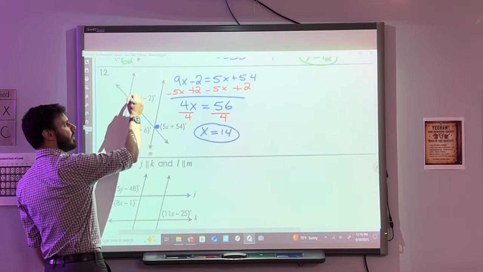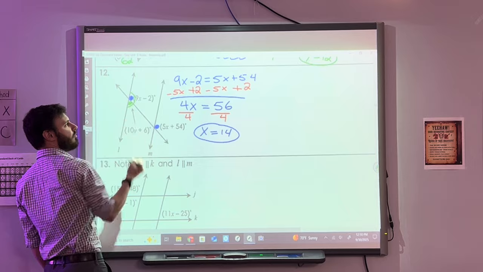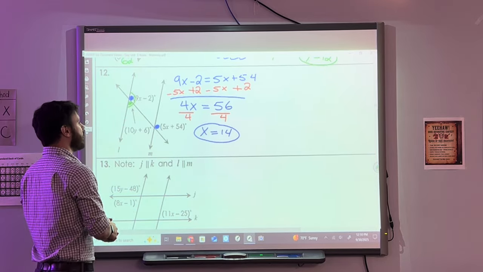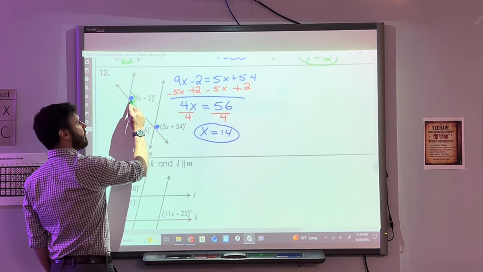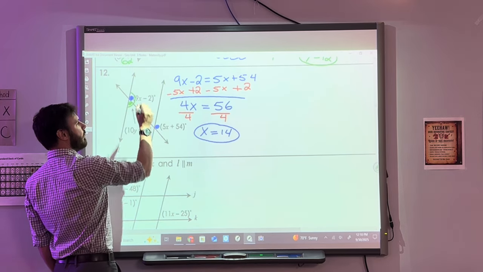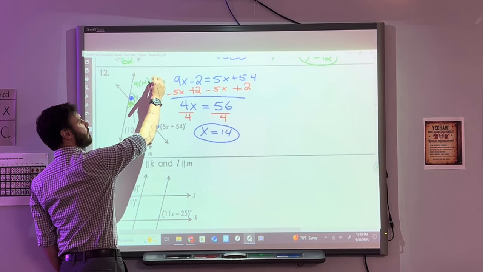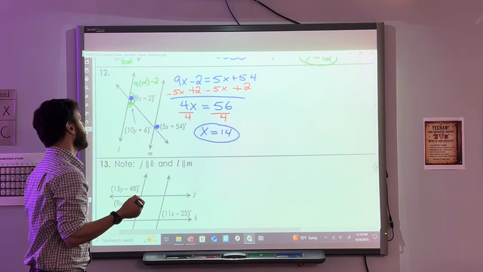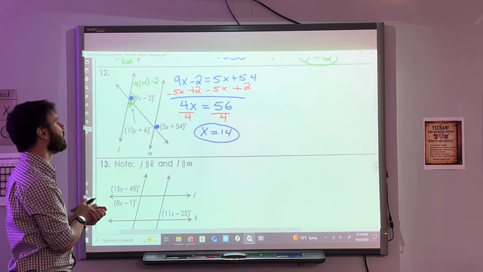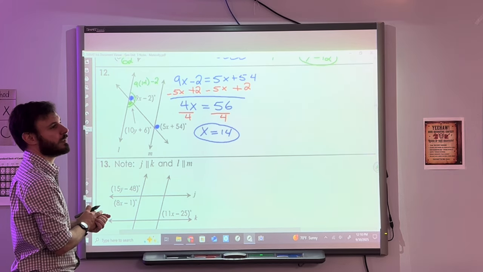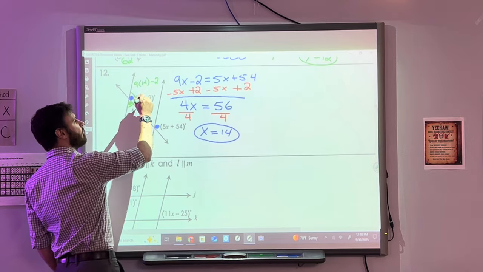All right, well, I see again, these two things make a straight line. So together we have 180, just like the last one. Let's figure out how much this x, this blue dot, is actually worth. 9 times 14 minus 2, that's going to be 90 plus 36, so 126, take away 2, 124.